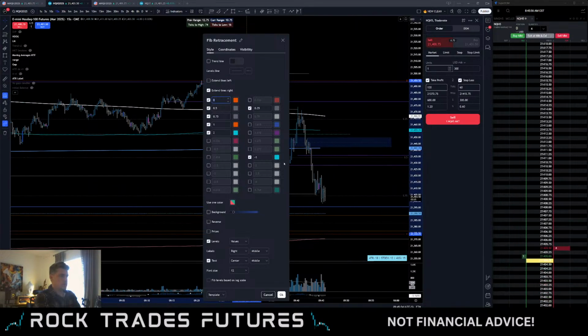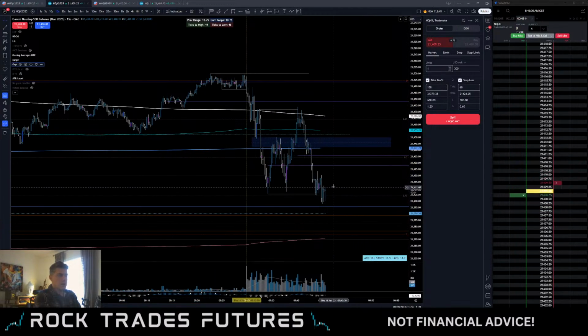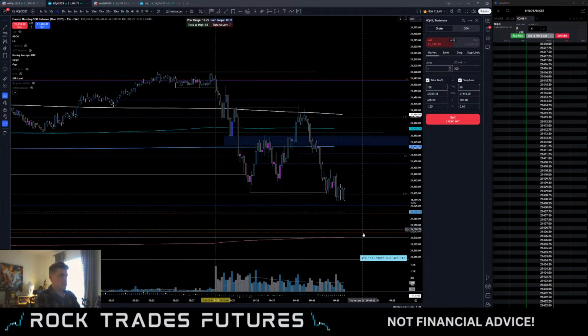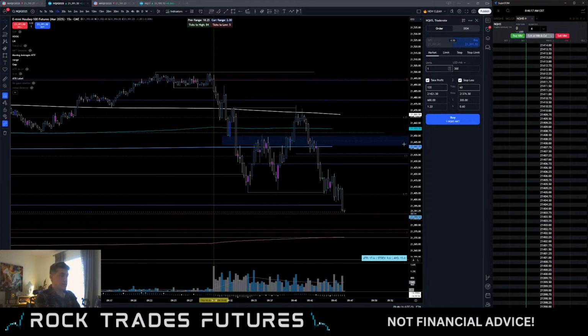This line is, it's fine. Let's see. Want to be ready to get long here. I mean, it could happen. Want to be ready to get long here. That is long as in buy. New day opening gap.